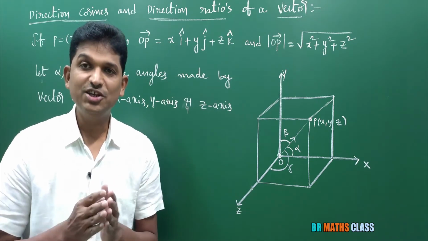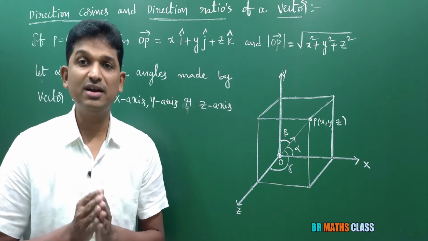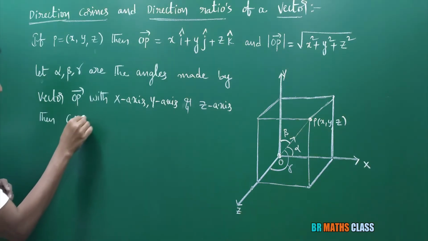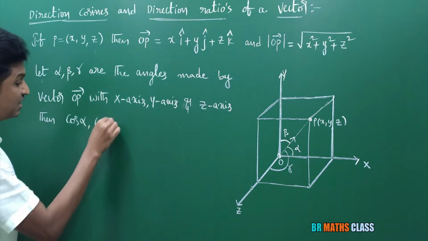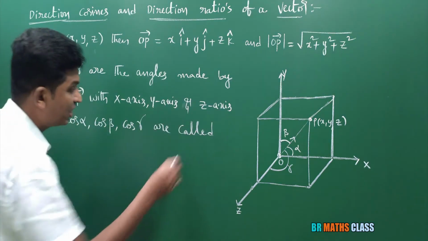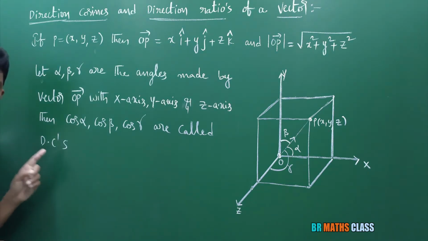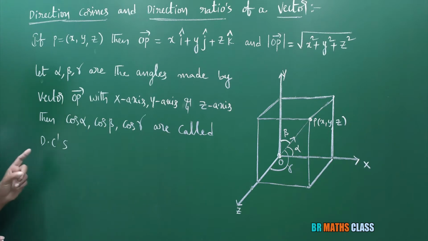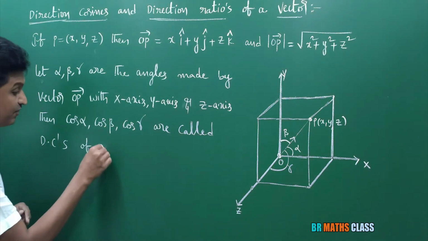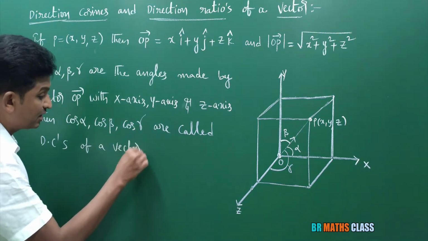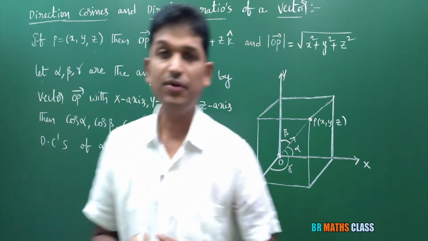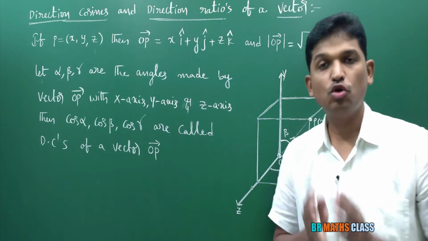Then cos alpha, cos beta, cos gamma are called direction cosines. This is the standard notation of direction cosines of a vector OP bar.